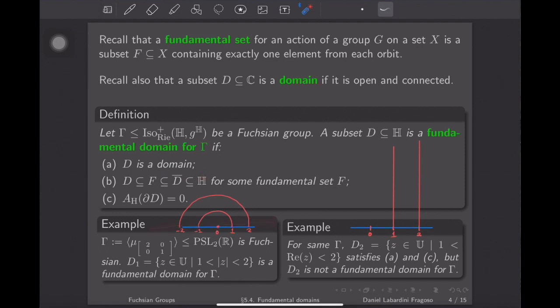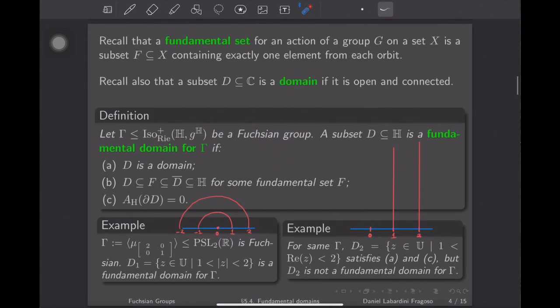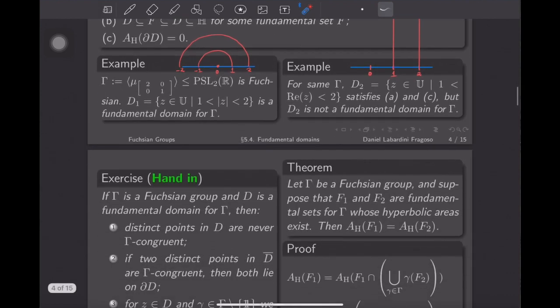So this one may fail to be closed in C, let's say, or in C bar.